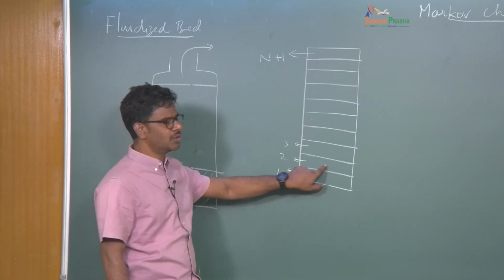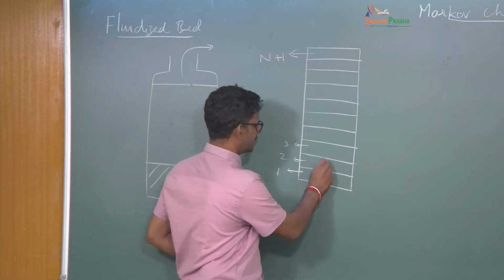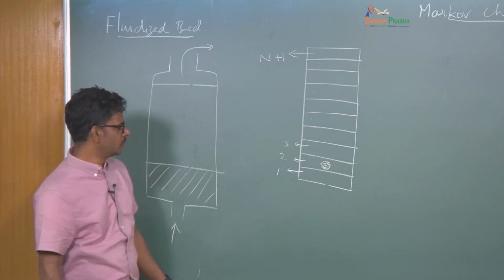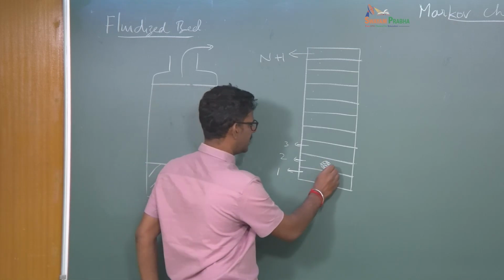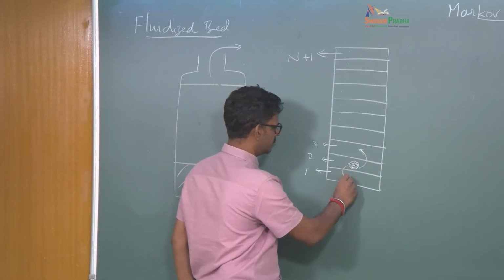Let's say you are at cell 2. I am actually having a particle somewhere here. This particle can jump up, or it can jump down.